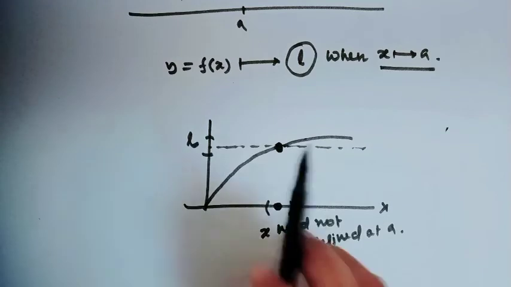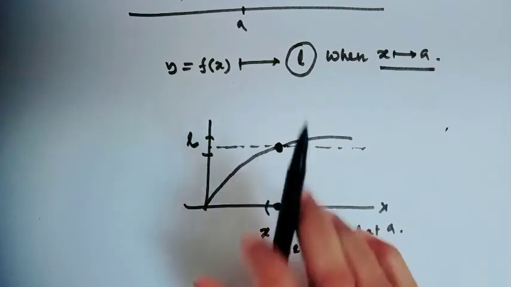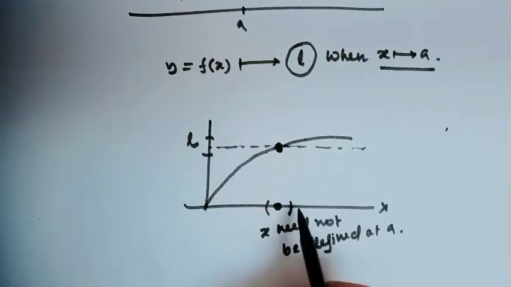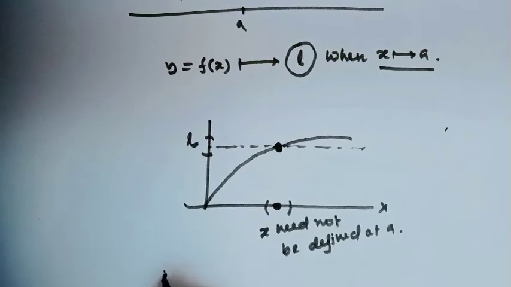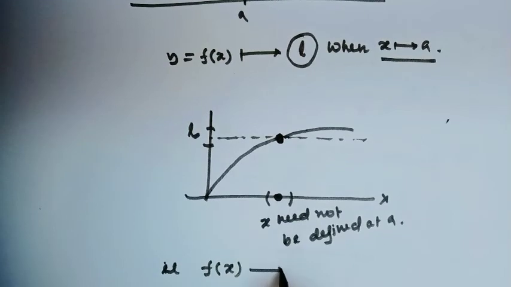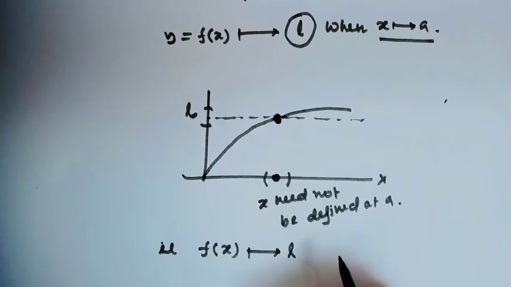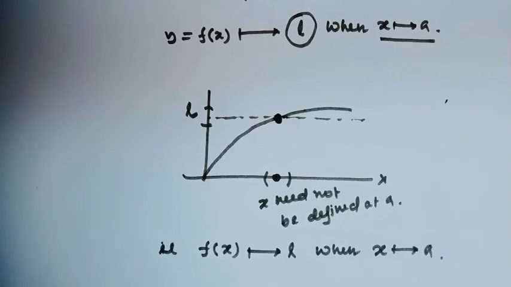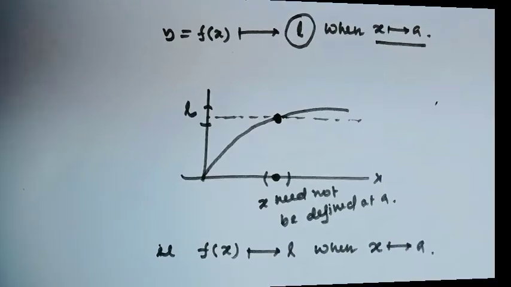That means if f(x) is near to L, you have to show x is near to a. That means f(x) goes to L when x goes to a.